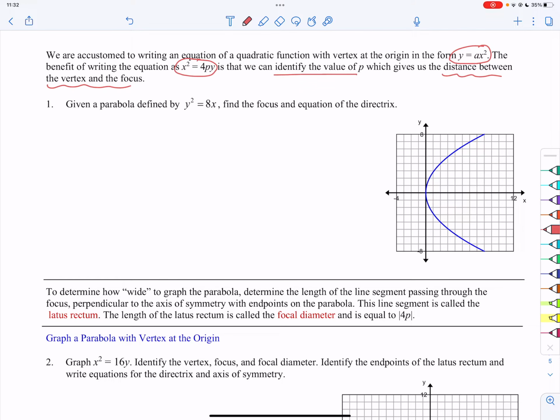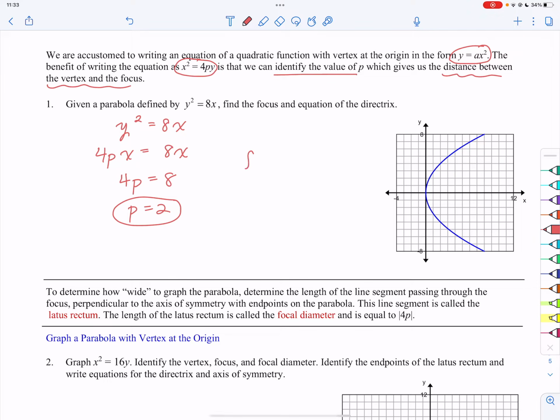So we begin with y squared equals 8x. So we know, as you can see here, y squared is 4px, and we have 8x. So it must be that 4p is equal to 8. So p is equal to 2.